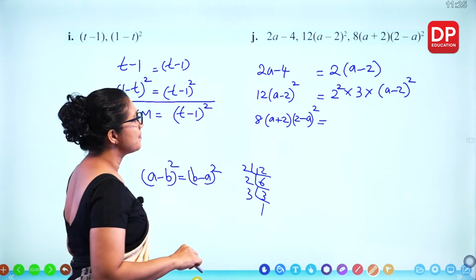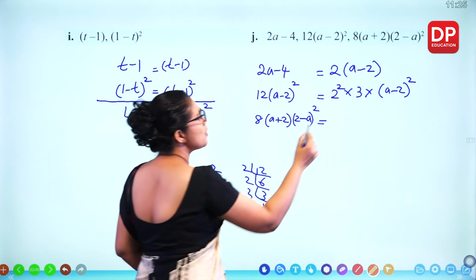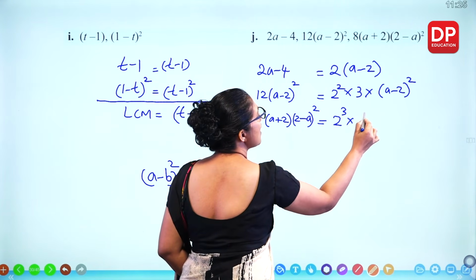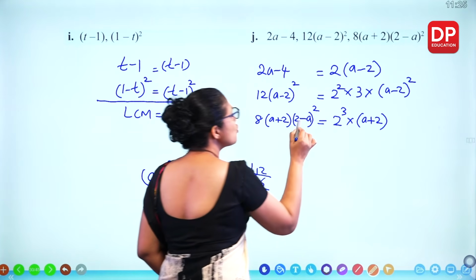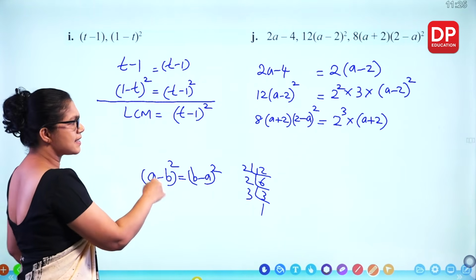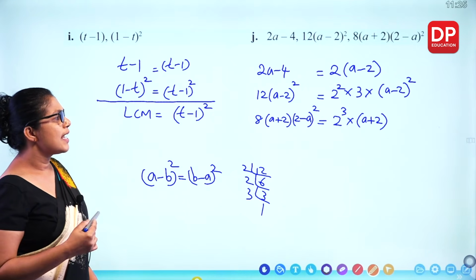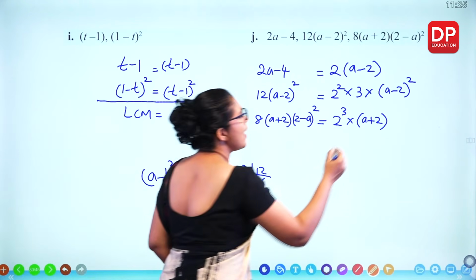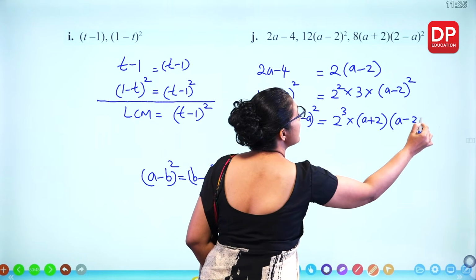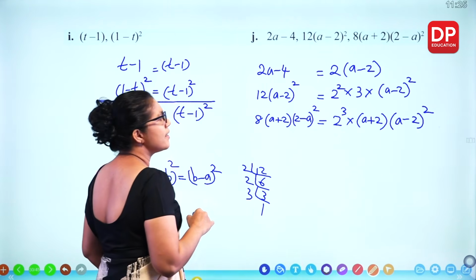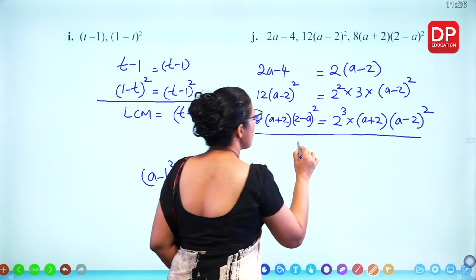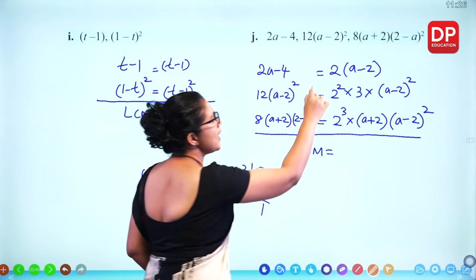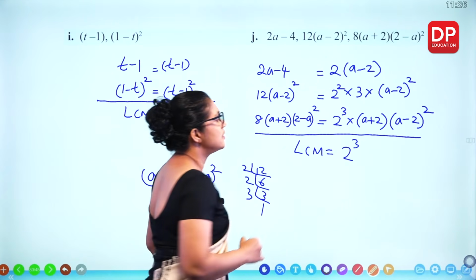Now this one, 8, we know 2 to the power 3. A plus 2 is there. 2 minus a. According to this property, what is 2 minus a? You can write a minus 2 whole thing squared. Instead of this, I can write a minus 2 squared. Now see, what's the lowest common multiple? What's the highest power of 2? You get power 3.